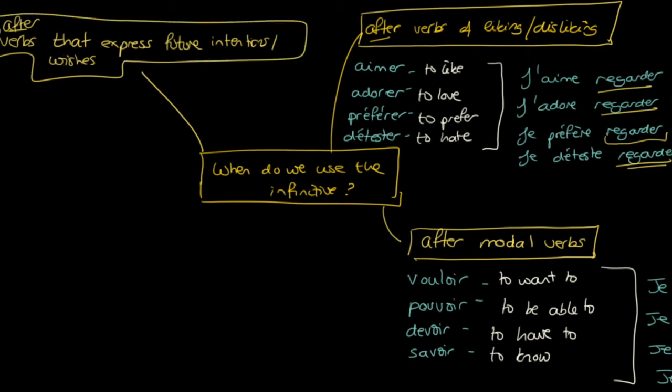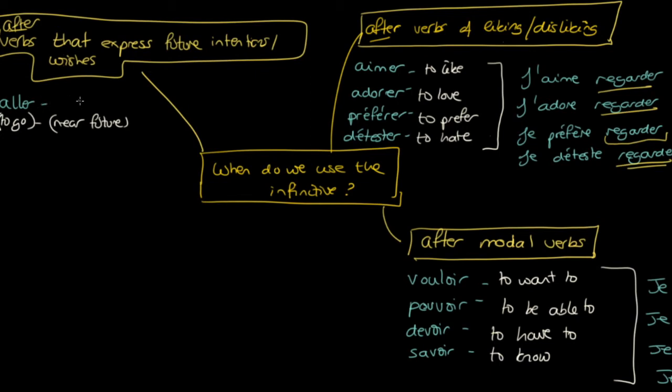So let's start with the most common one that you've probably almost certainly met already, and that's aller, meaning to go. And you probably will have learnt this when learning your simple future tense, or your near future tense, sorry.